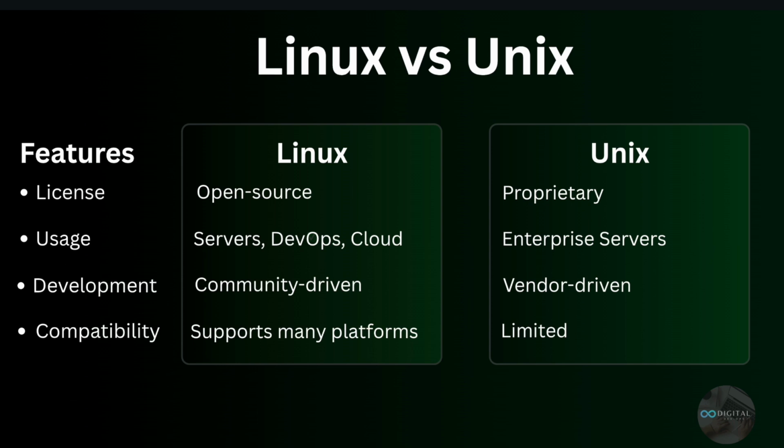Unix systems are used in big enterprise environments, often running mission critical applications. Linux, on the other hand, has broader hardware support and is used in everything from web servers to smart TVs. While Unix systems are very stable, Linux has become more flexible and accessible for the everyday user.